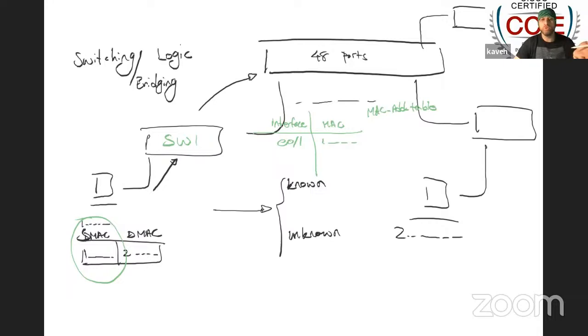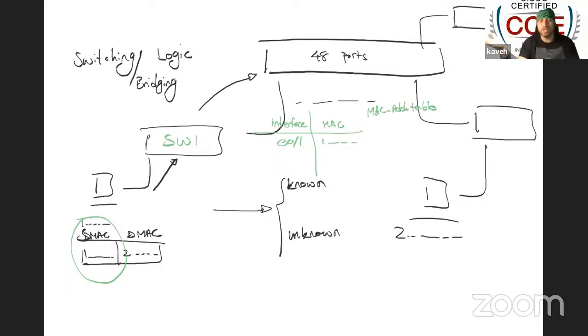However, the unknown unicast is where the switch doesn't know the location of the unicast address. So in this case, the switch receives a frame which is destined for a unicast address, but the switch doesn't have any clue about the location of the destination MAC address.